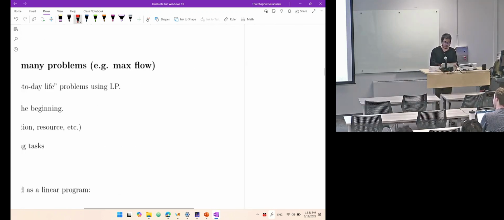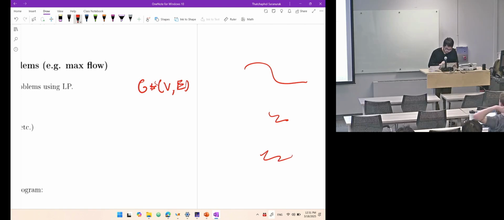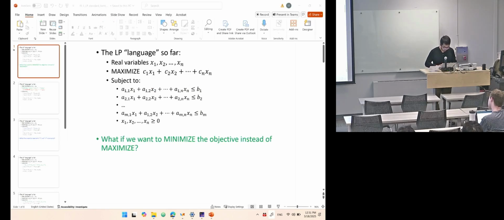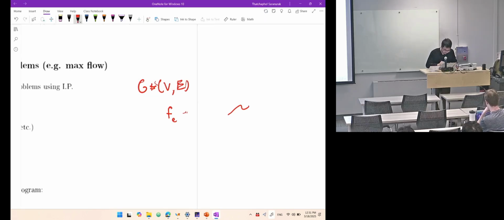Okay, so let's try to write down this LP together actually. If I have a graph like this, we are basically going to have a variable f_e for each edge e.